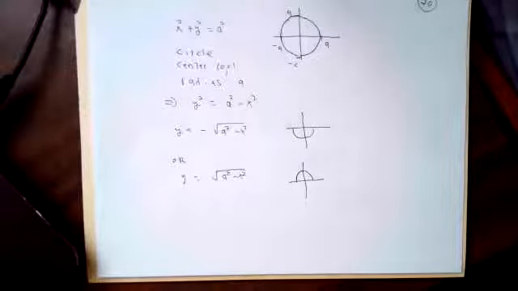I want to look at a slightly more abstract looking problem. If you look at the graph of x squared plus y squared equals a squared, from what we've seen back in pre-calculus, everyone knows that that's a circle with center at the origin, radius equal to a. I can rearrange it slightly. Y squared is a squared minus x squared.